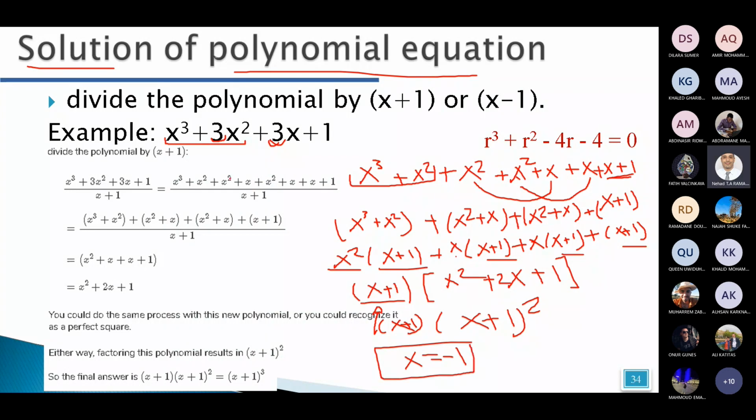This is the solution for this whole polynomial equation. So this is the idea. We convert it to two equations. One equation has x plus 1 or x minus 1 if you find that everything inside is minus, multiplied by the quadratic equation that remains when we take x plus 1 as a common factor.